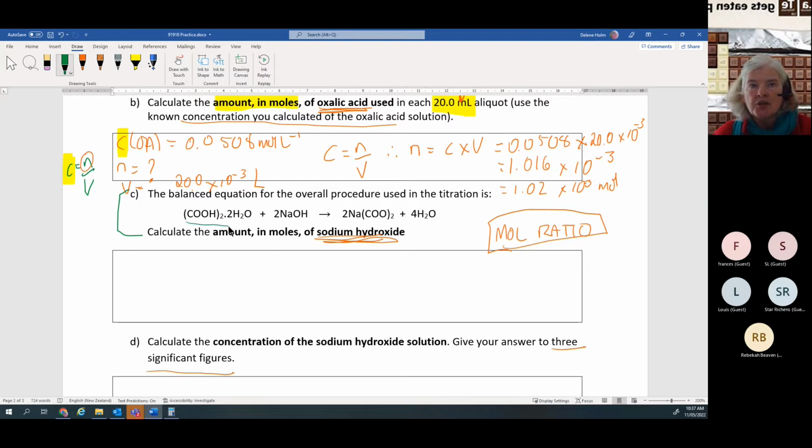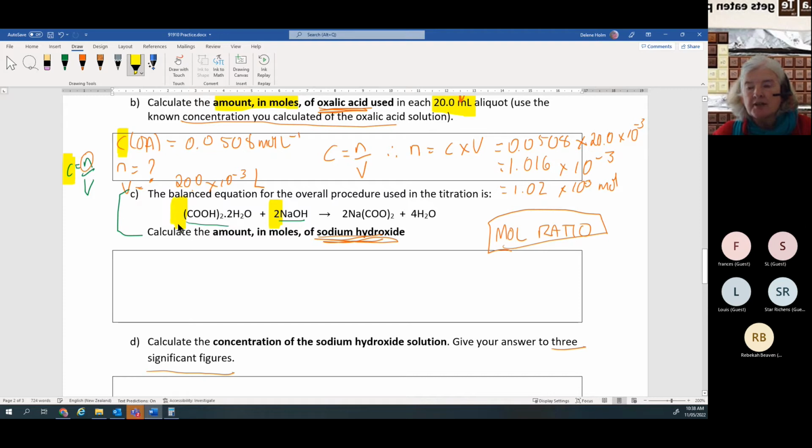I was working with this, now I want to swap to that. So what do I look at in this equation to find the mole ratio? Any guesses?